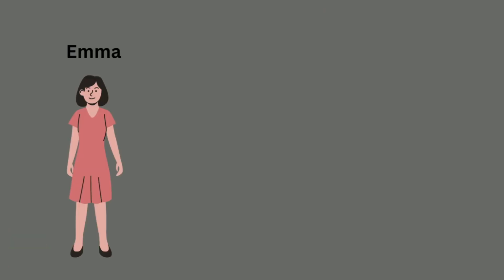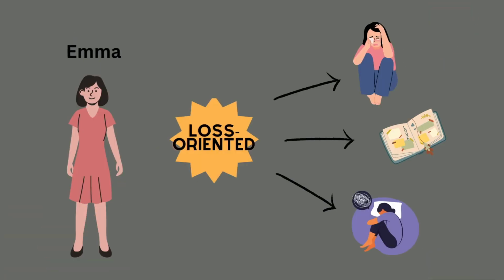So, let's say that Emma has lost her husband. Okay, her husband passed away. Emma, if she is using the dual process model of grief, might be spending a lot of her time mourning the loss of her husband. So, crying, looking at old photographs, feeling sorry for herself, rightfully so, that this person that she loved is no longer with her.